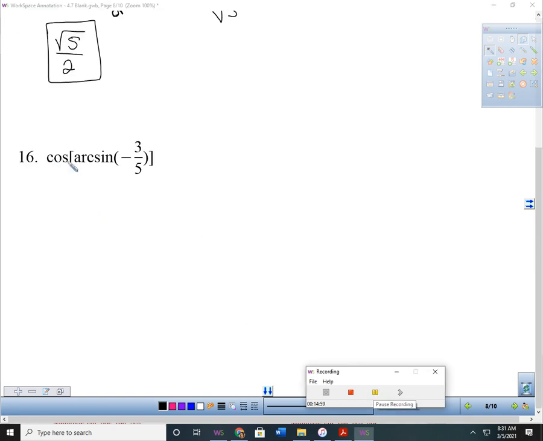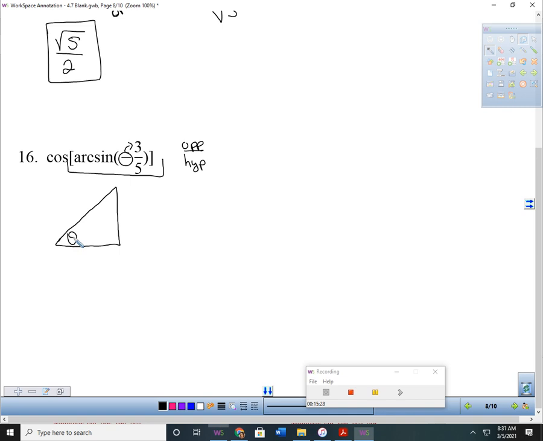So if we look at this one, we're going to do this part first. We're going to make a triangle on that. Again, make sure that this number right here is between -1 and 1. It is. So the negative, that should go up here because sine is opposite over hypotenuse, and the hypotenuse is never negative, right? So I'm going to draw myself a triangle.